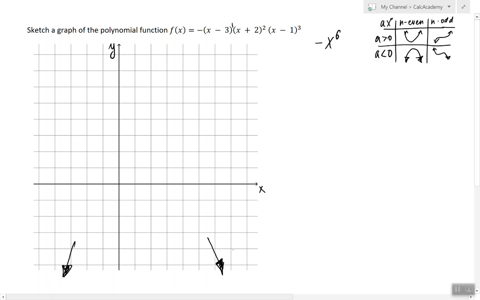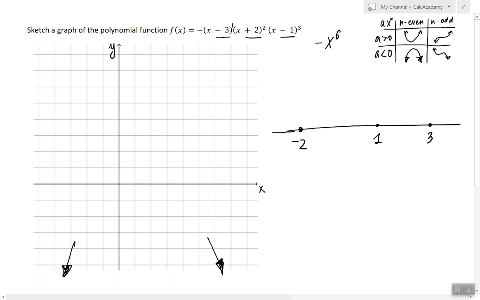Next, we construct the sign chart. So to construct the sign chart, we read all the x-intercepts from the equation. So it's 3, -2, and 1. So 3, 1, and -2.